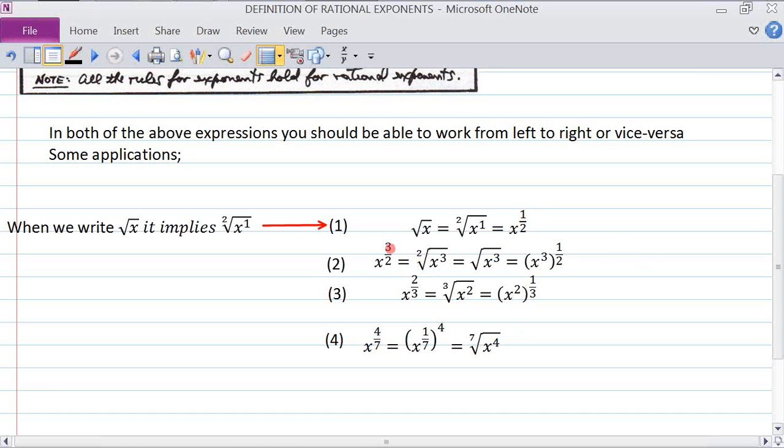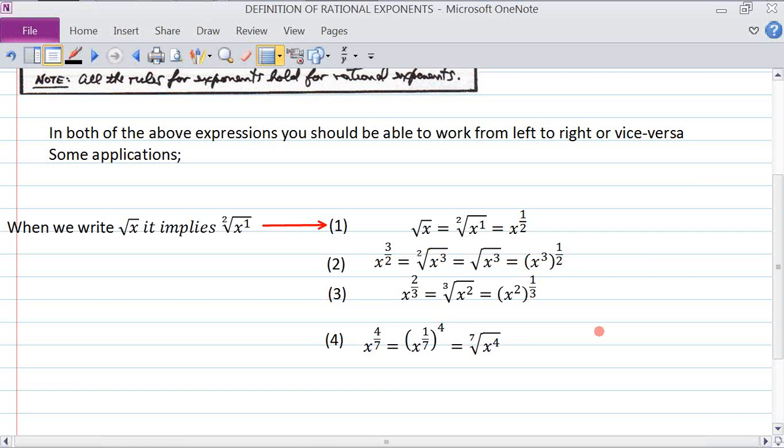The other way I could write it is to realize that x to the 3/2 is the same as x cubed raised to the power 1/2, because if I multiply the numerator here, I get 3 over 2. So I've got to be able to go from this to this, to that, or vice versa.